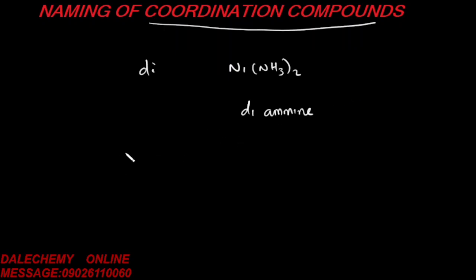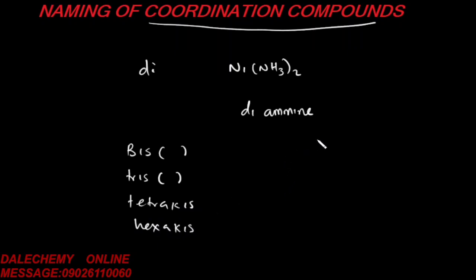But there are some ligands that have multiple prefixes in their name. So for 2 of them you put bis and you put them in brackets. For 3 of them you put tris in brackets. For 4 you put tetrakis, and for 6 you put hexakis, like that.